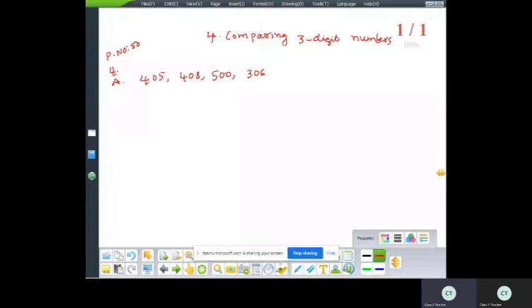Write the following set of numbers in ascending order and descending order. Ascending order.